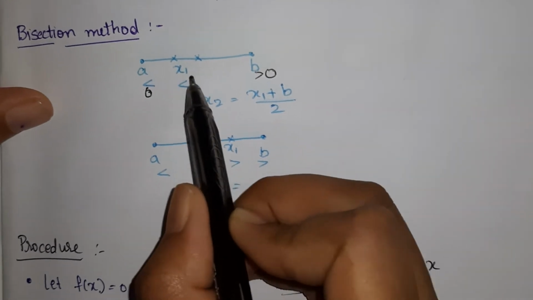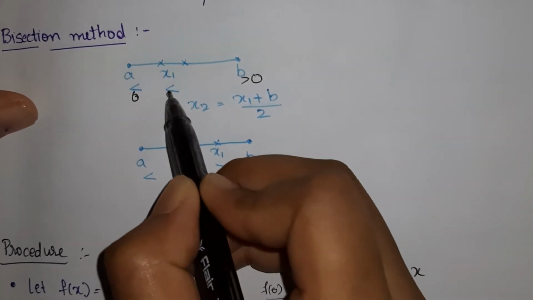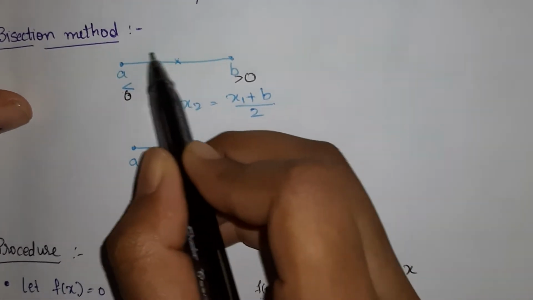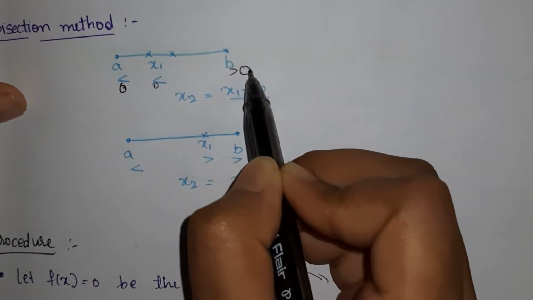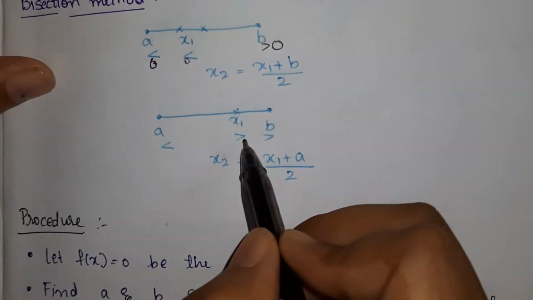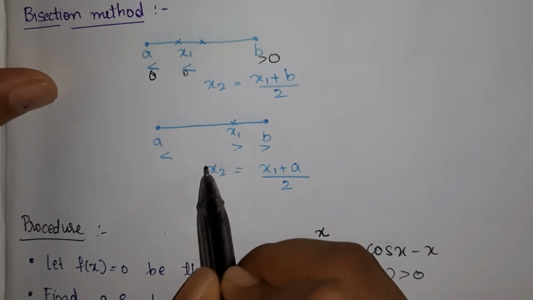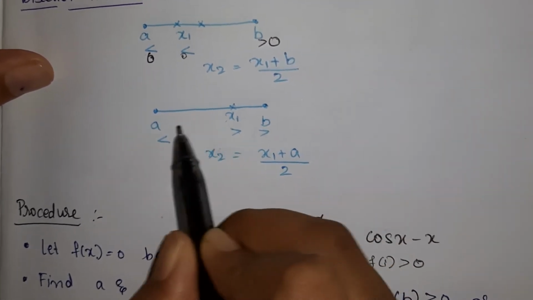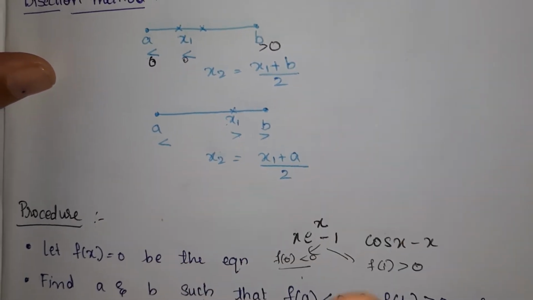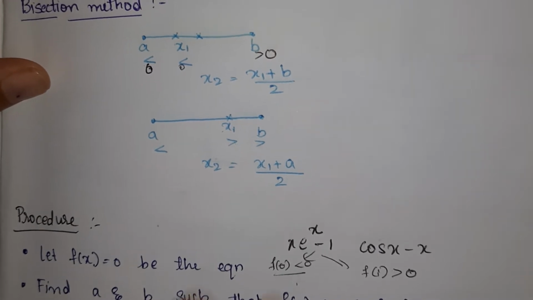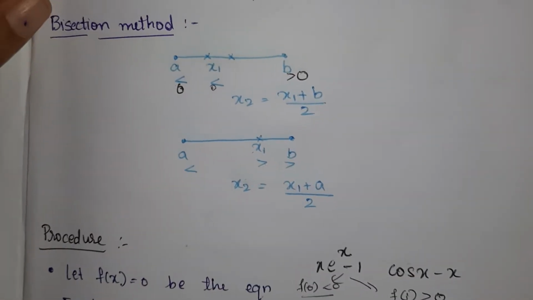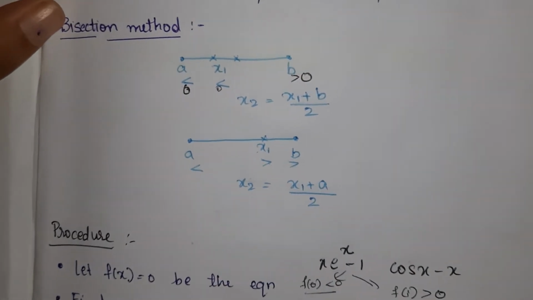So see, f of x1 is less than 0, so now the second approximation is between x1 and b. But if f of x1 is greater than 0, then x2 is between x1 and a. That's how we have to take approximations. Okay, bisection method. I'll explain a sum, then you'll understand clearly.